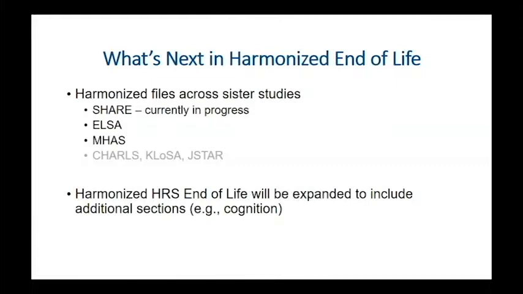Additional expansions to the harmonized HRS end-of-life file will include some additional sections. So there is a section in the exit interview that's labeled cognition. It is not an actual cognitive assessment like we have in the core HRS interviews, obviously because the respondent has passed away.